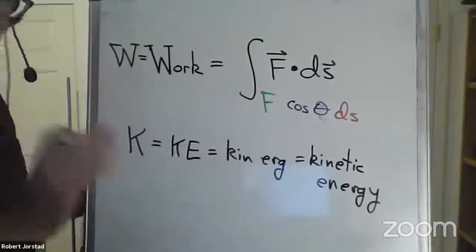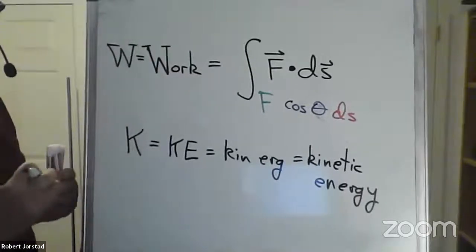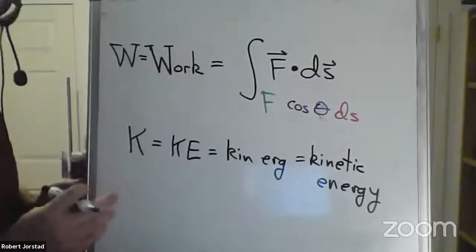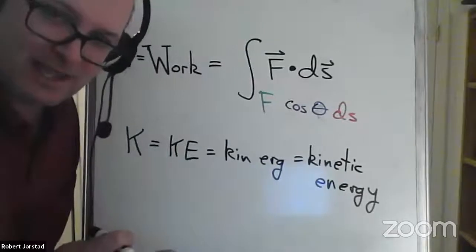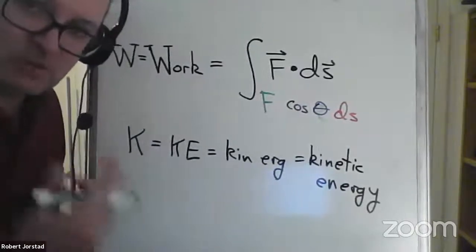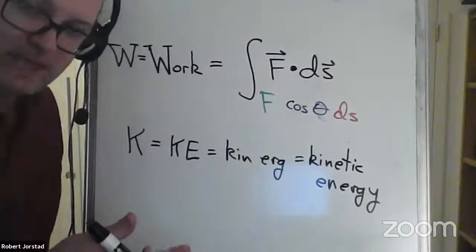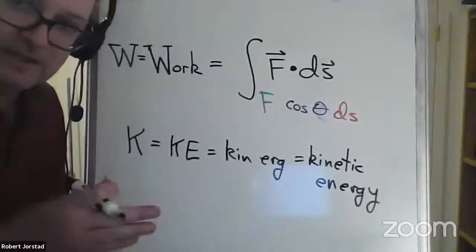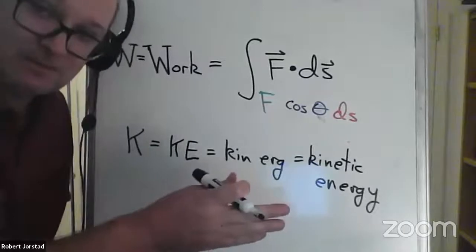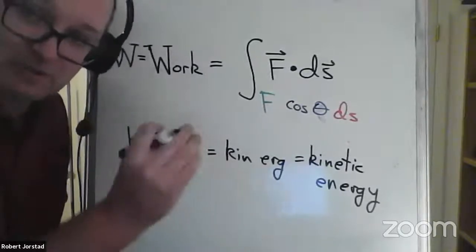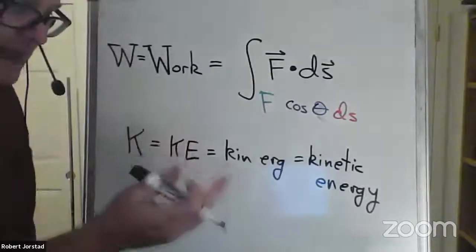Now, energy is something we haven't really talked about at all yet. However, you can think about energy as something's ability to cause pain. If you have a lot of energy, like you could think about a bullet traveling very fast, it could kill you. It has a lot of kinetic energy. Even though it's small, it has a lot of kinetic energy.